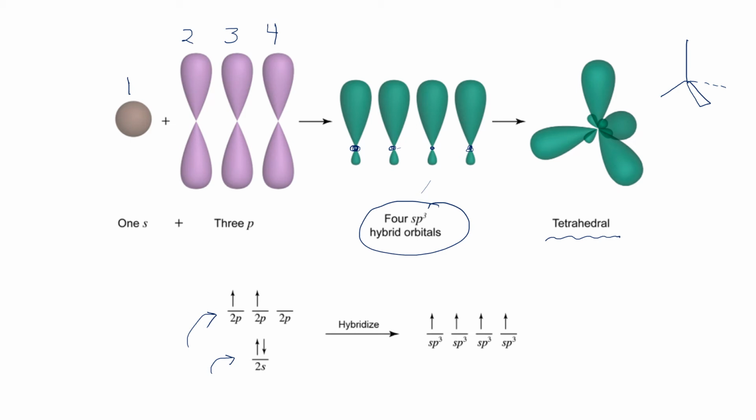So overall, if we're going to have 4 electrons in here, which is describing the bonding in carbon, by the way, when we put those 4 electrons, 1 apiece in each of these hybrid orbitals, that's overall going to be at a lower energy than the electrons on the atom in these atomic orbitals.